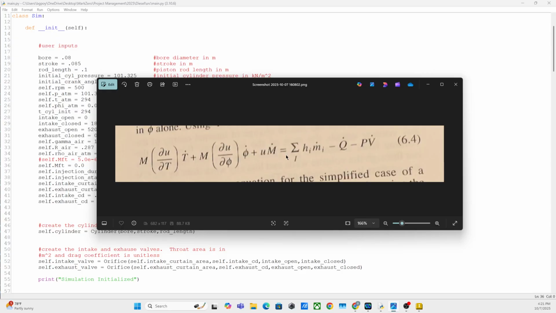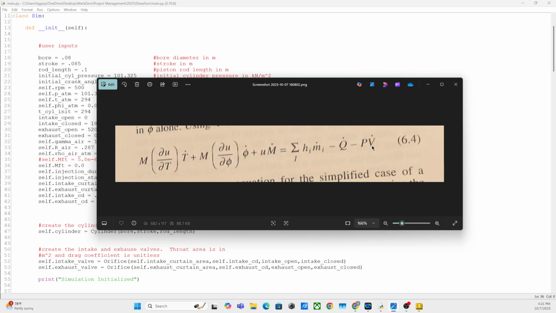All of that equals, this term represents the inlet port and the exhaust port in the diesel engine, so equals the sum of the inflows of mass times that inflow's enthalpy, and the exhaust outflows times that exhaust gas's enthalpy, minus the loss of heat through the walls of the cylinder, minus P V dot. And V dot is change in volume over time. This term is the work done by the piston.